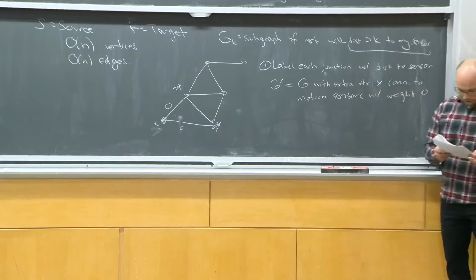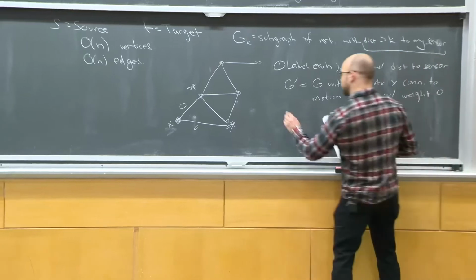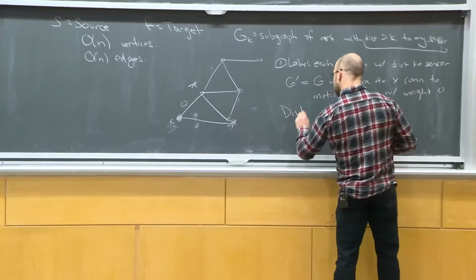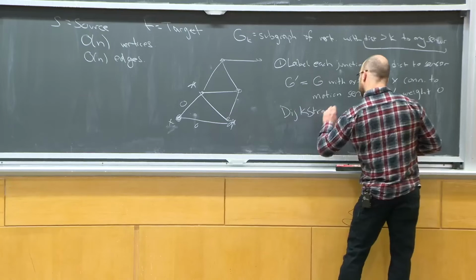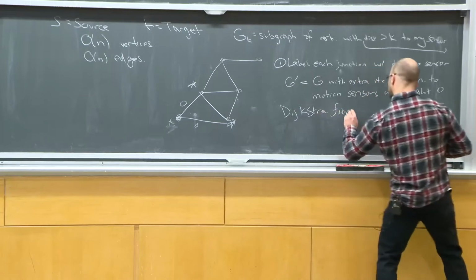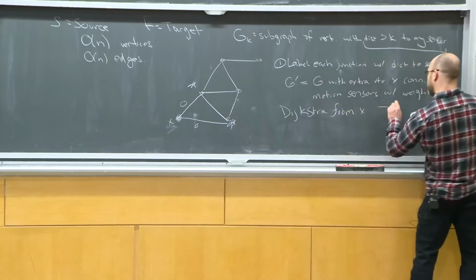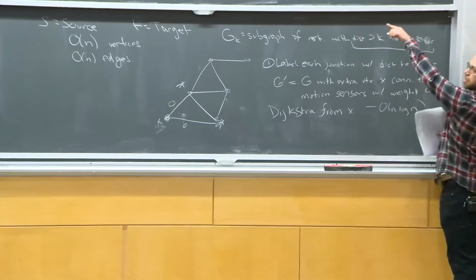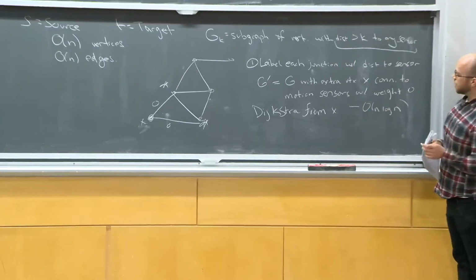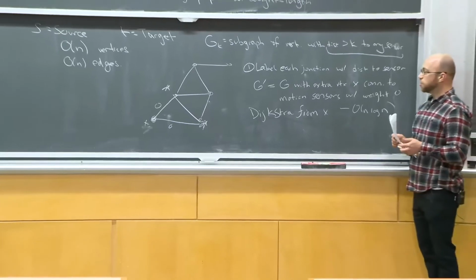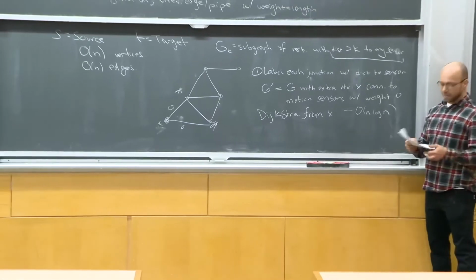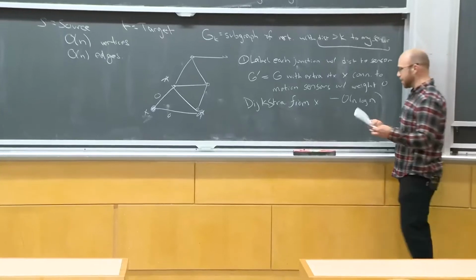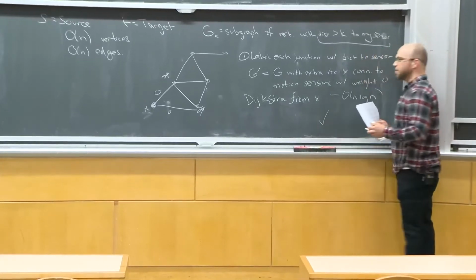And now I'm going to do Dijkstra starting at X, which takes n log n time, because I just gave you the size of our graph up here, and gives me, essentially, the shortest distance to any motion sensor from all the vertices in my graph. That's a convenient piece of information.